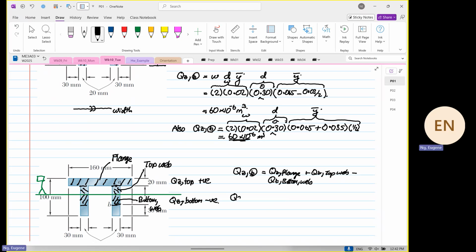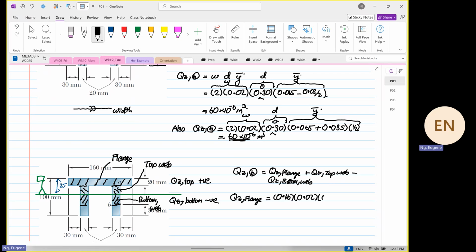So QZ for the flange. The width is 0.16. The depth is equal to 0.02. The Y bar will be equal, so we know the distance from here to here, which is equal to 35.